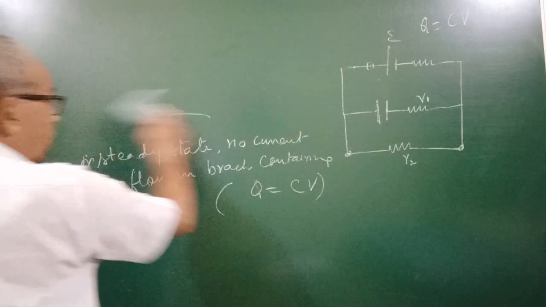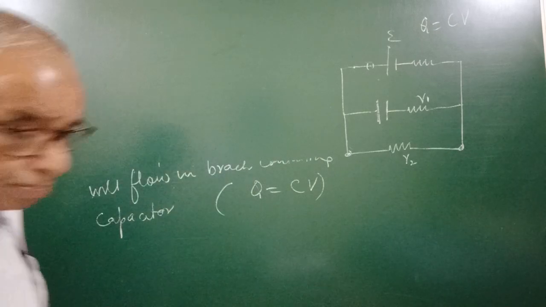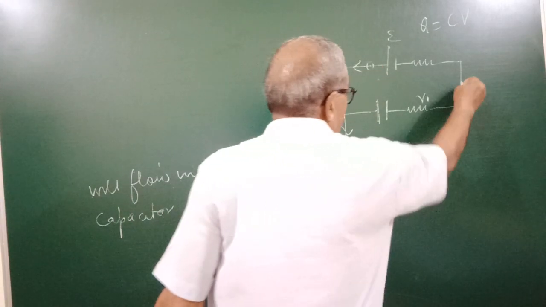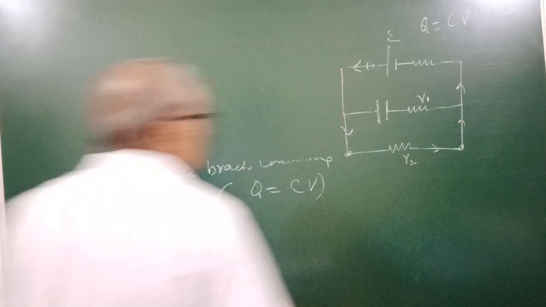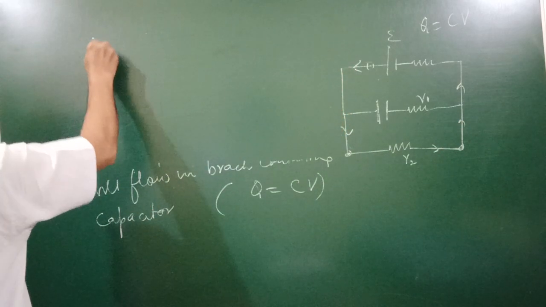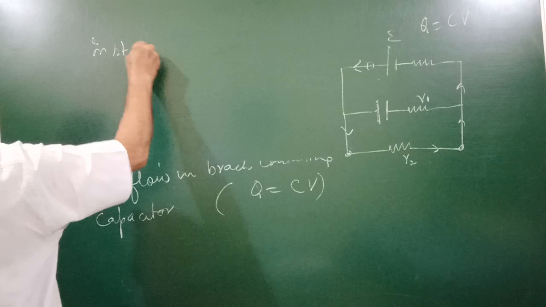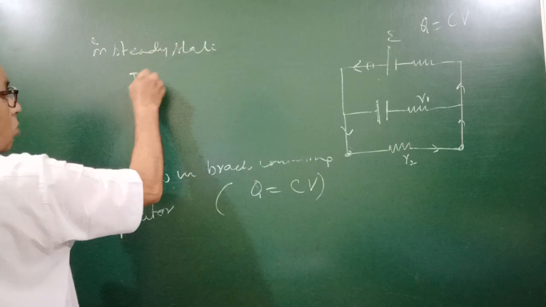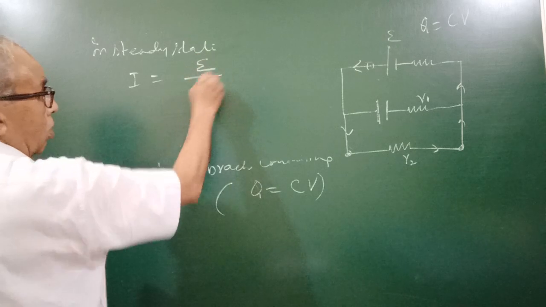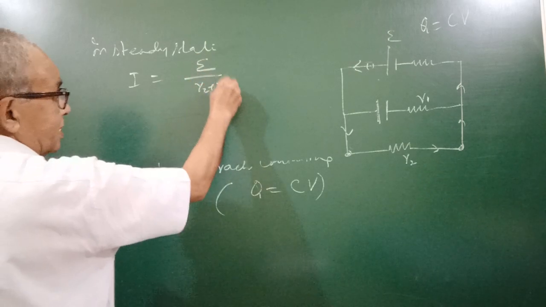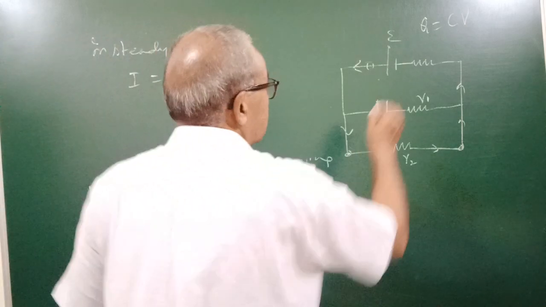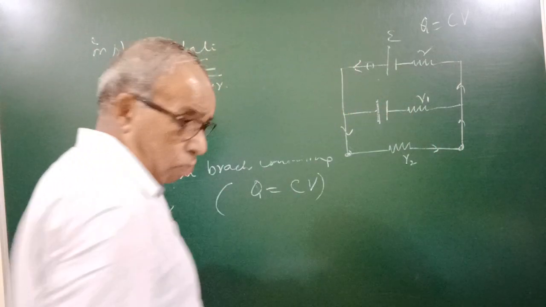Then in steady state, how much current is flowing in here? Current will flow only in this direction. So that I here in steady state, I equal to E upon R2 plus R. This is R here, the internal resistance.